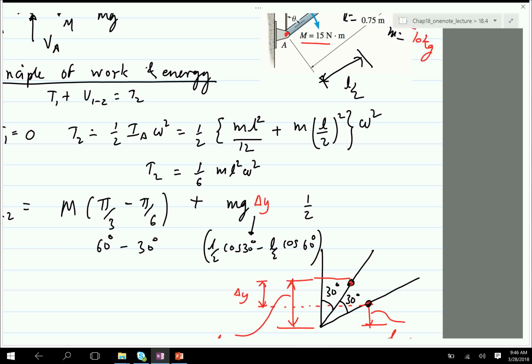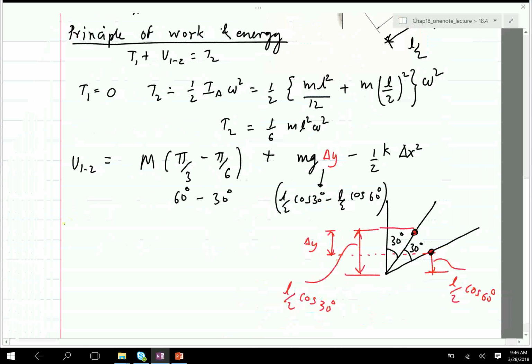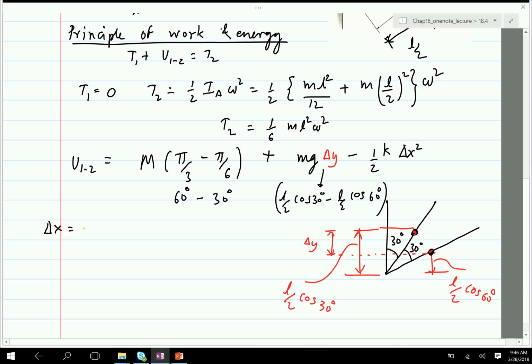It's always negative, k delta x square, where delta x square is the change in the length of the spring. Well, not quite. The delta x is stretched length minus unstretched length.